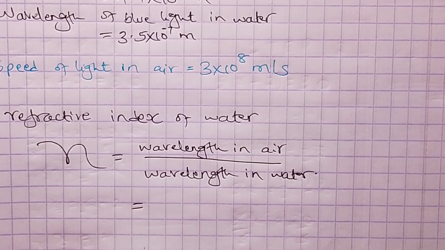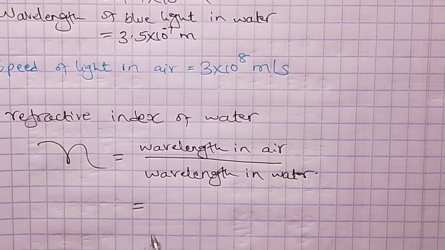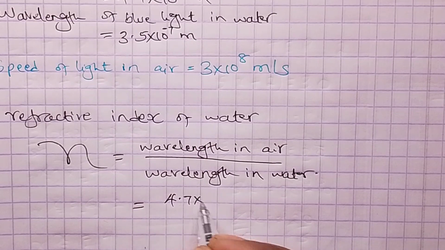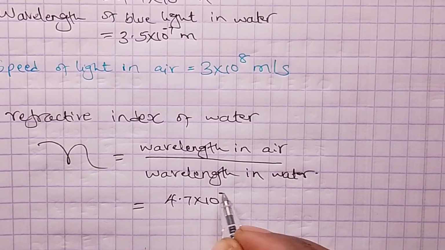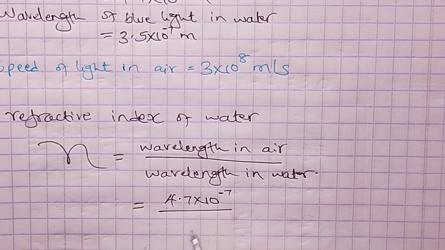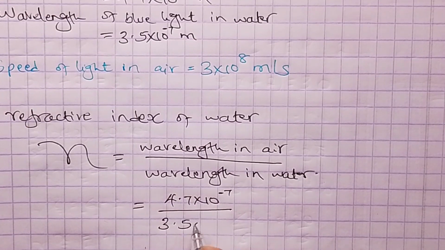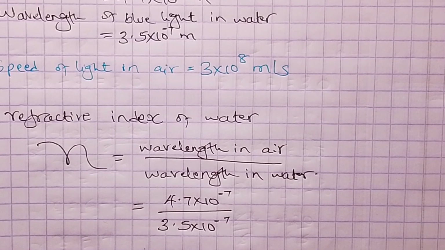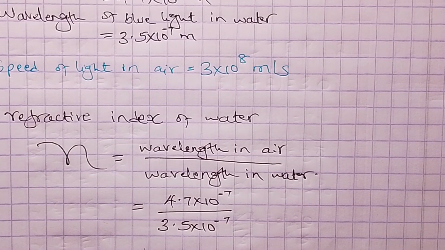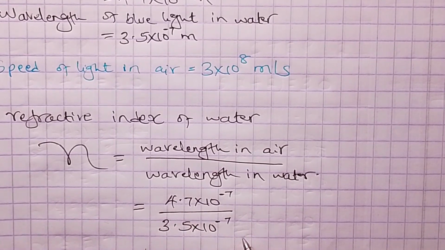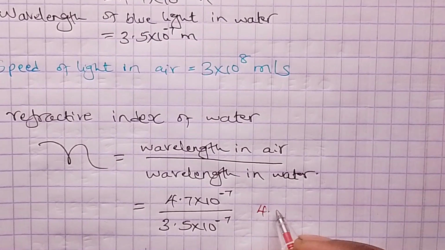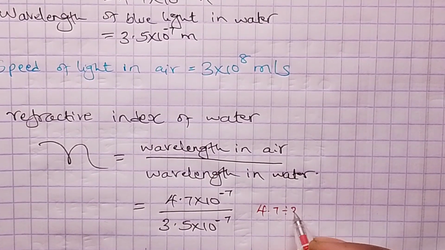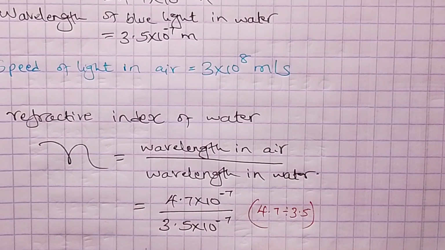Now the wavelength in air is 4.7 times 10 power negative 7 over 3.5 times 10 power negative 7. At this point, it is going to be 4.7 divided by 3.5, because the powers of 10 will cancel.